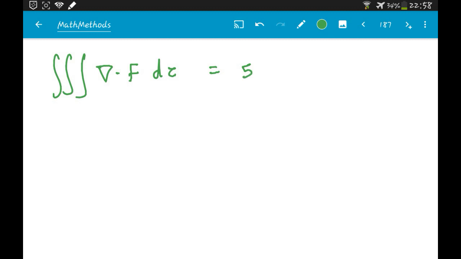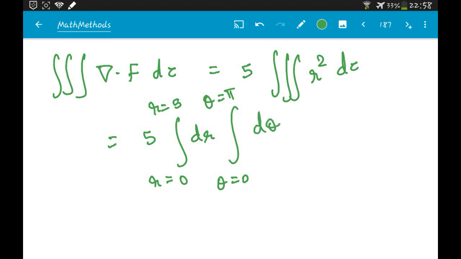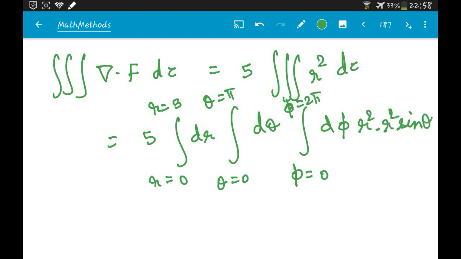So we had 5 r square d tau, which reduces to 5 into, so r goes from 0 to 5 dr. Then theta goes from 0 to pi d theta, and phi goes from 0 to 2 pi d phi, r square into r square sine theta.